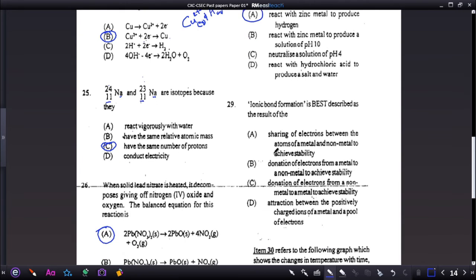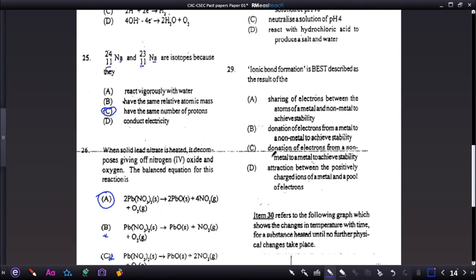Question 29. Ionic bond formation is best described as the result of the sharing of electrons between the atoms of a metal and non-metal to achieve stability. That's a covalent bond, so it's not A. Donation of electrons from a metal to a non-metal to achieve stability.